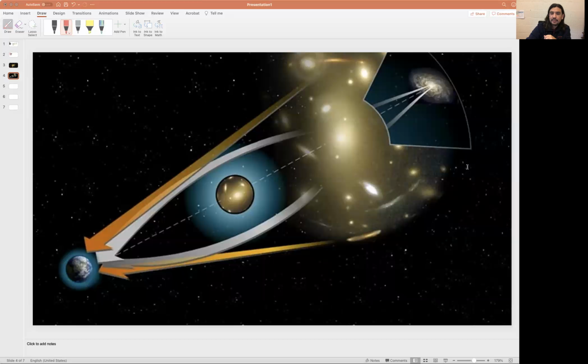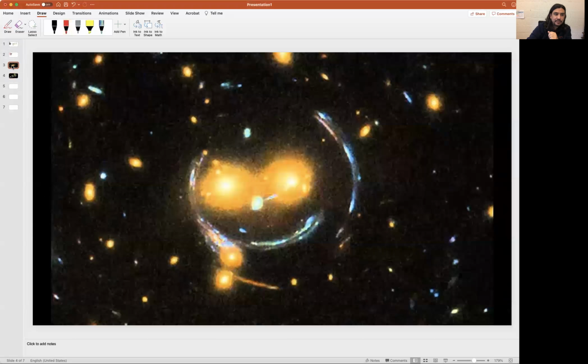So then later people came up with, well, if the sun can do this, what would happen if we have an actual galaxy, not just the sun, but actually galaxies in between the light coming to us from ancient galaxies? And that's actually this picture that we see here.